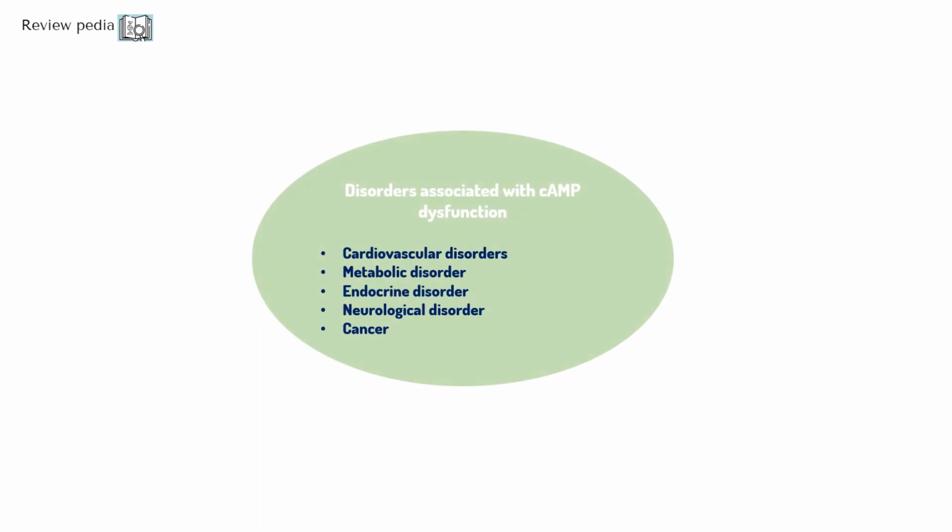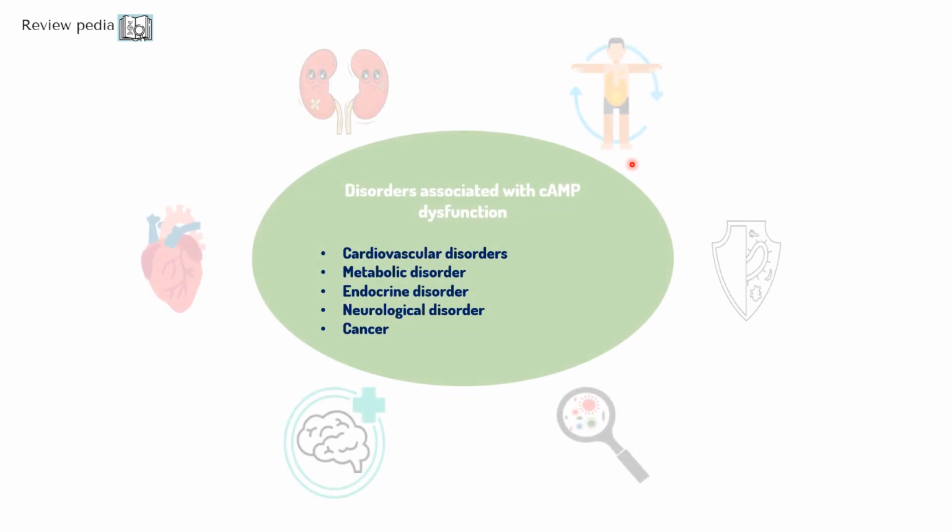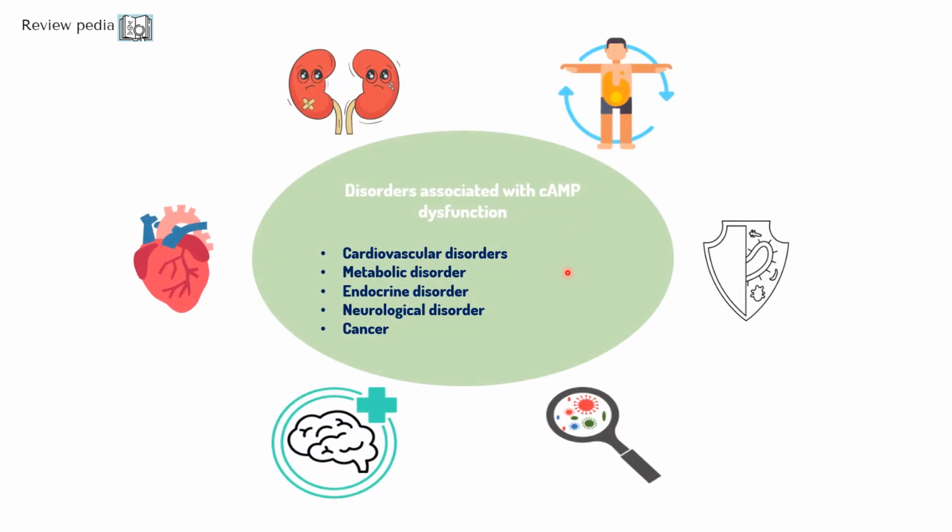So let's see what kind of disorders are associated with cyclic AMP dysfunction. Coming to cardiovascular disease, here the dysregulation of cyclic AMP signaling can contribute to conditions like heart failure, arrhythmia, and hypertension, because cyclic AMP is responsible for contractility in heart muscle.